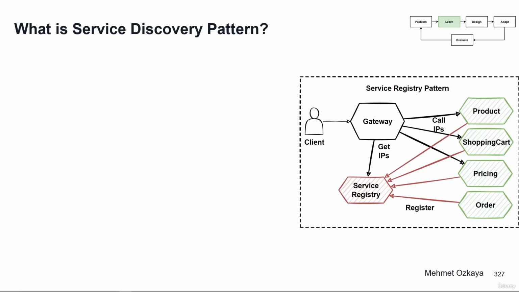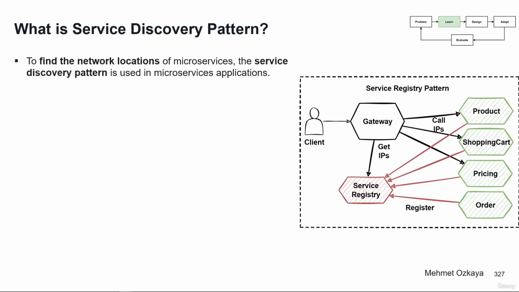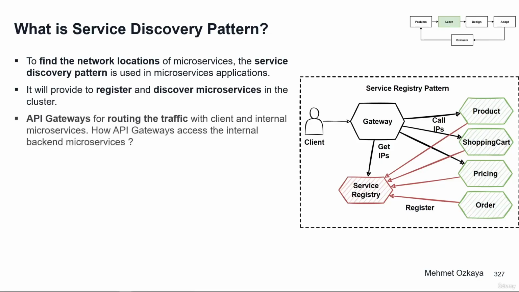So what is the service discovery pattern? In order to find the network locations of microservices, the service discovery pattern is used in microservice applications. As the name suggests, it provides a way to register and discover microservices in the cluster. As you know, we have added API gateways for routing traffic between the client and internal microservices, but how do API gateways access the internal backend microservices?